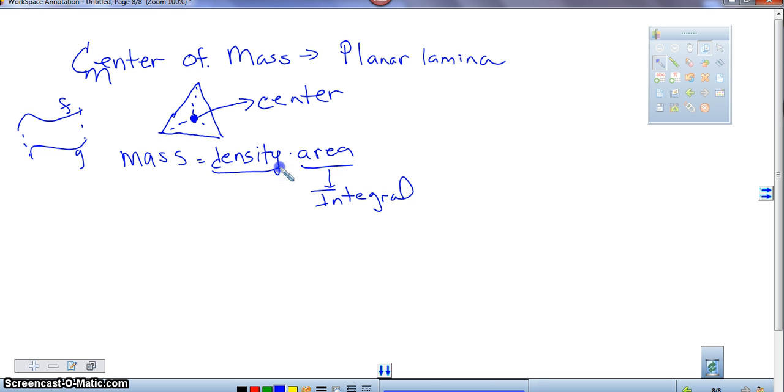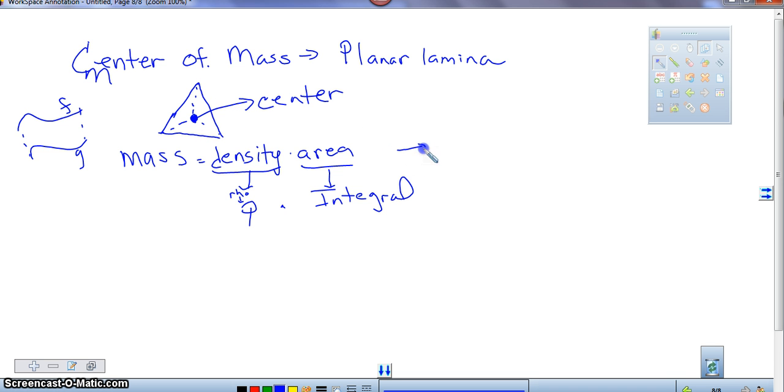The density, we don't know that, and that's just going to be an unknown. And they let it equal rho in the book, which is a Greek letter that kind of looks like a P, if I remember right. It's spelled rho like this. So we're just going to let the density equal rho, because that's really not going to come into play. It's actually going to cancel out when we find the center of mass.